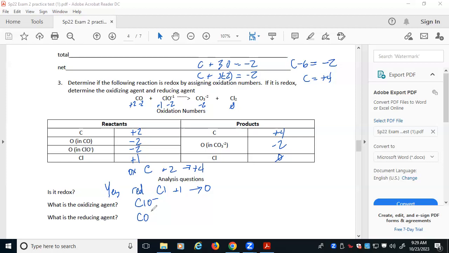And so oxidizing agents and reducing agents will always be reactants. They'll always come from the reactant side of the equation. But it will also, and this is important, be the full reactant, not just the element that gets changed.